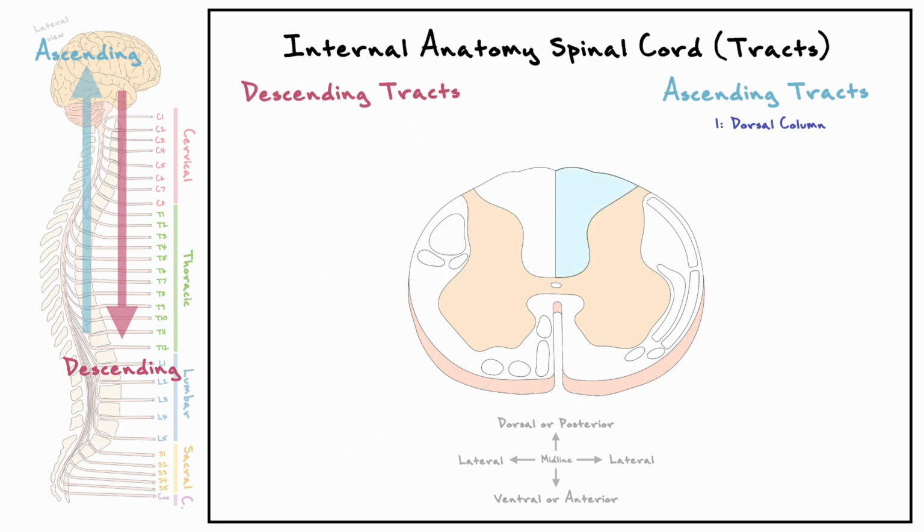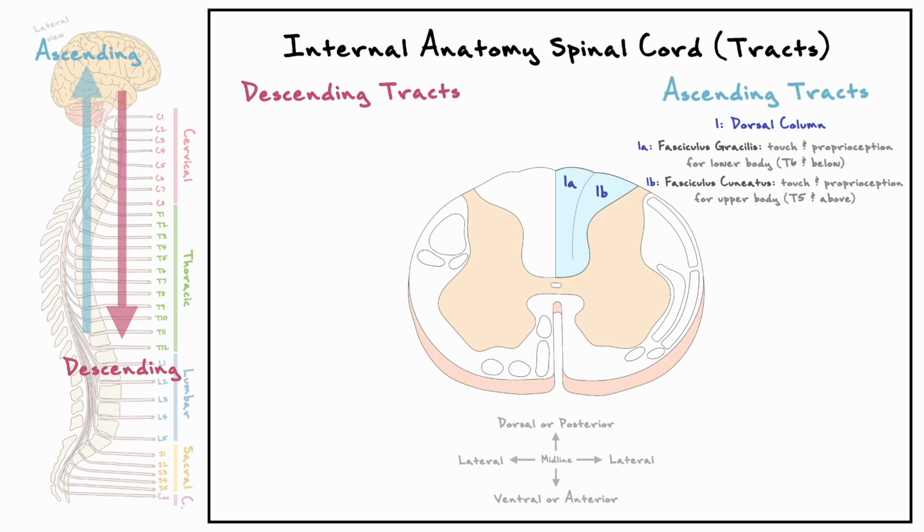Starting with the dorsal column, it only contains ascending tracts, and sometimes the dorsal column on its own can be considered an ascending tract. Nonetheless, it is also often divided into the fasciculus gracilis and the fasciculus cuneatus, which altogether carry touch and proprioception information from the body. The fasciculus gracilis is responsible for supplying the lower extremities, so it collects sensory information from T6 and below.